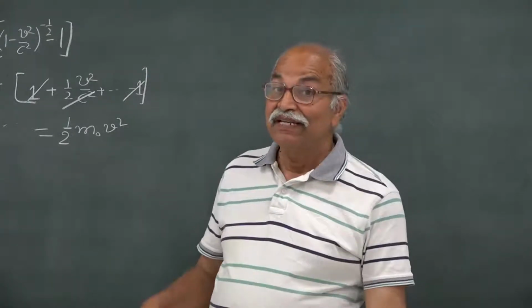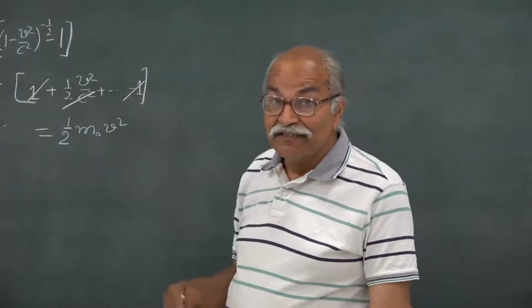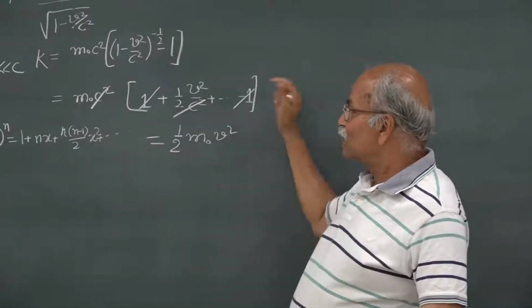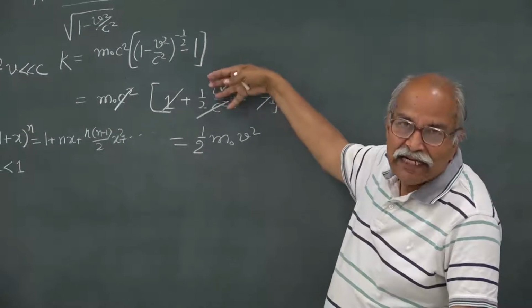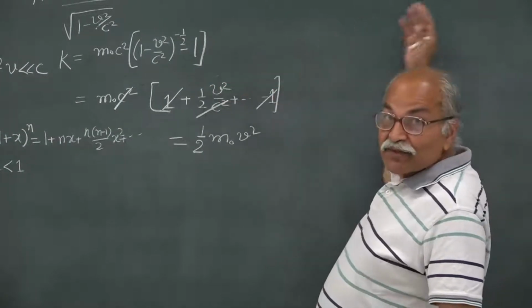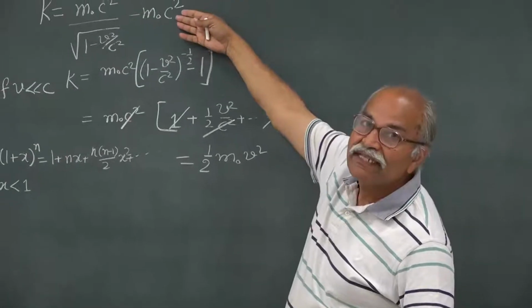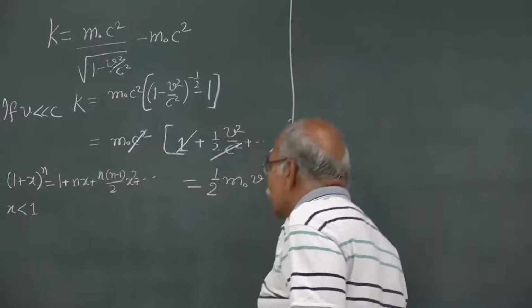But if it is large, if it is comparable to c, then of course I cannot do this analysis, because then v by c is not very small as compared to 1 and I must retain higher terms also. Then you have to use this exact expression. So, that is about the low velocity limit.